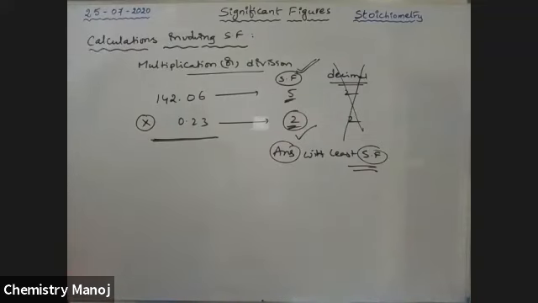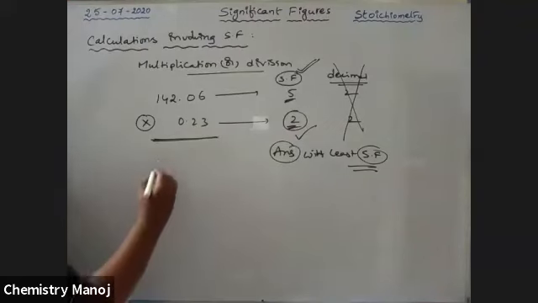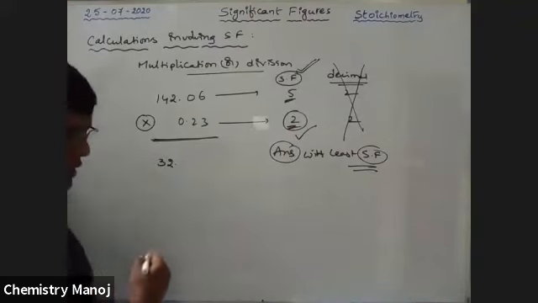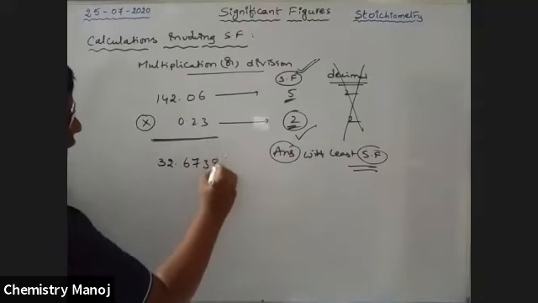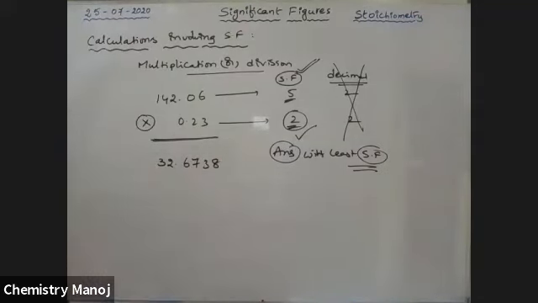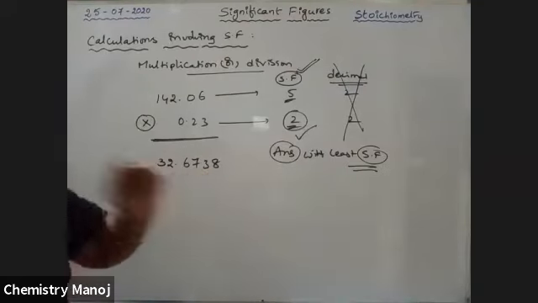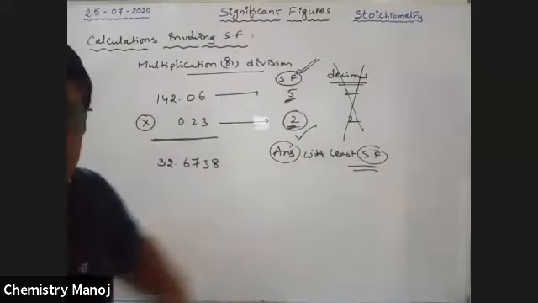Tell me the answer. From my side, the answer is 32.6738. Yes. Okay. So now this is the value, but the final answer must have the least significant figure.